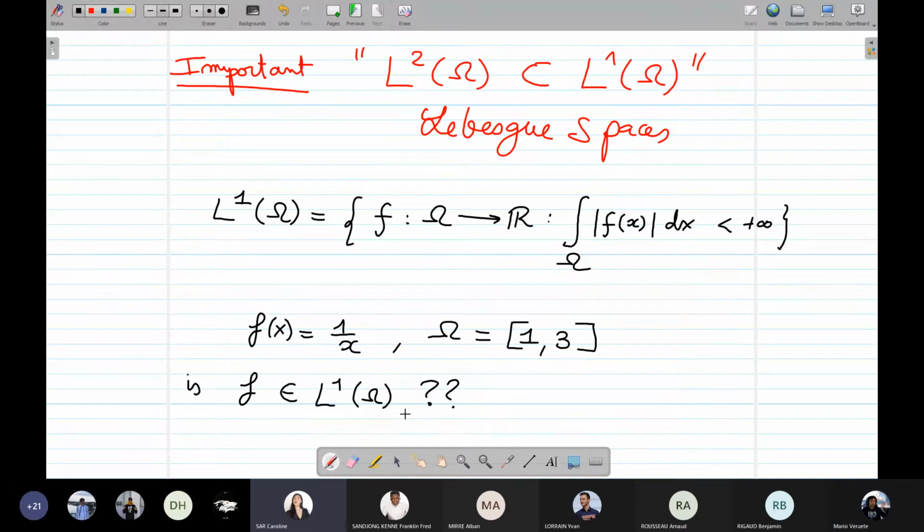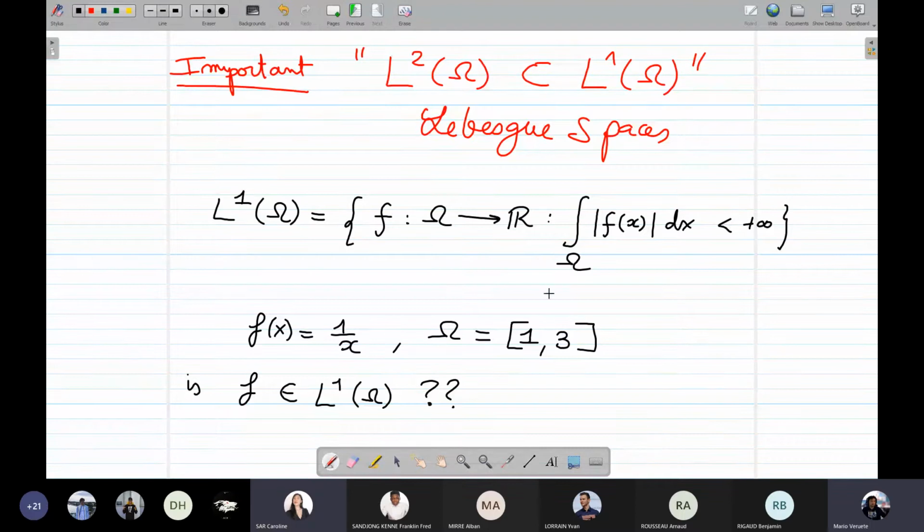Yes. Why? What's the condition you verify to ensure that this function is in L1?